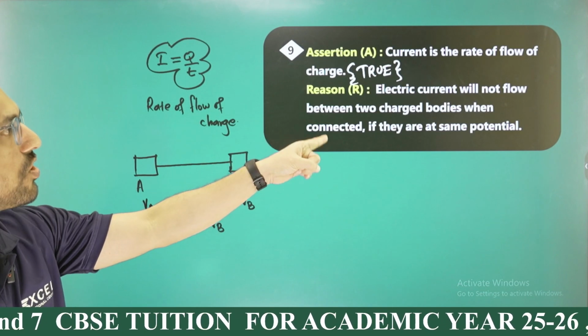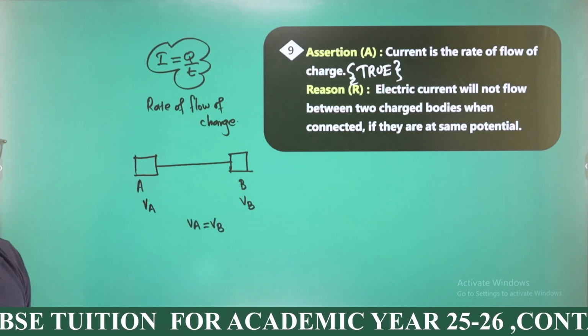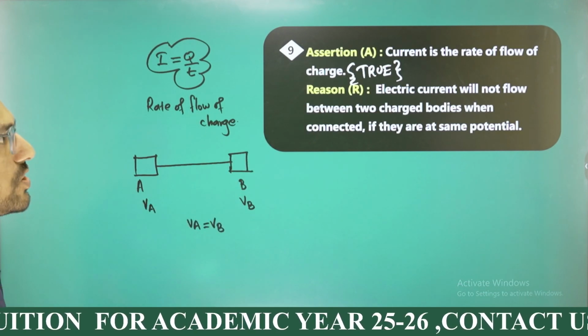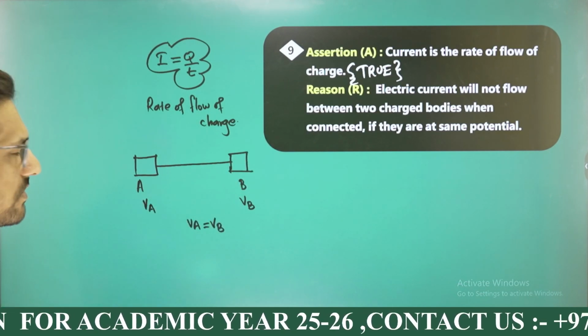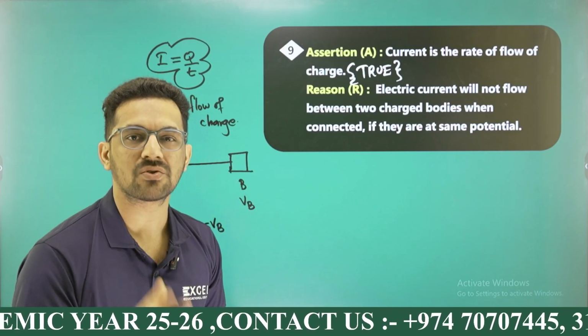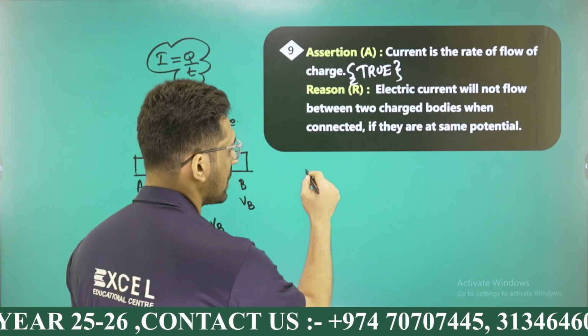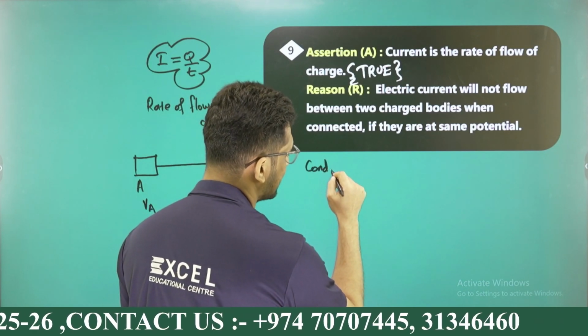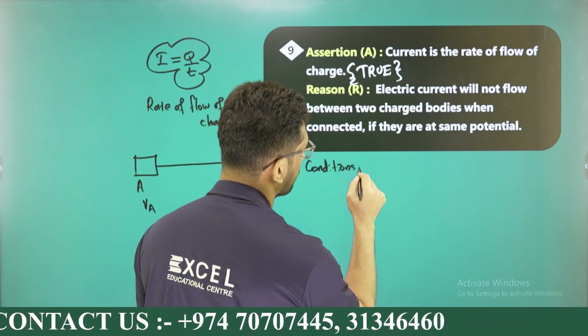Electric current will not flow between two charged bodies. What is that? You have to understand how the current is flowing through a conductor. Current needs two conditions to flow.